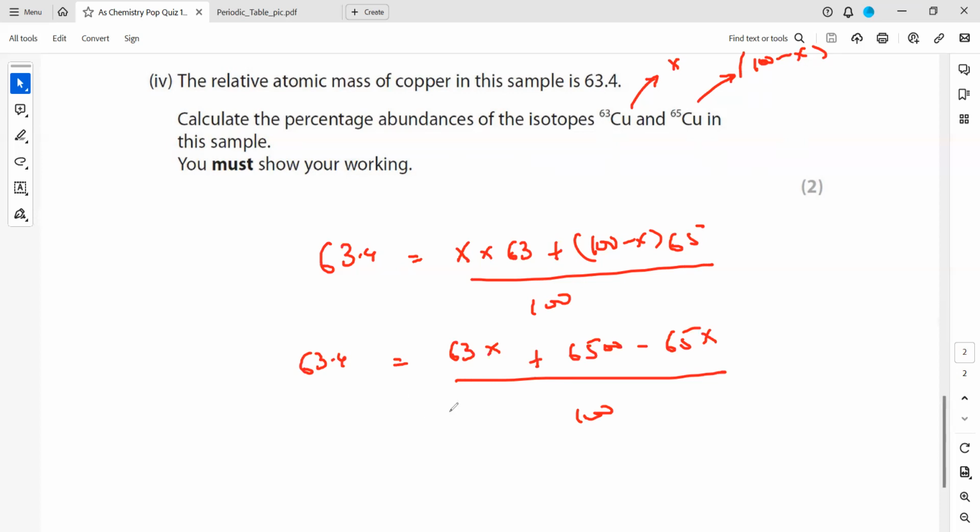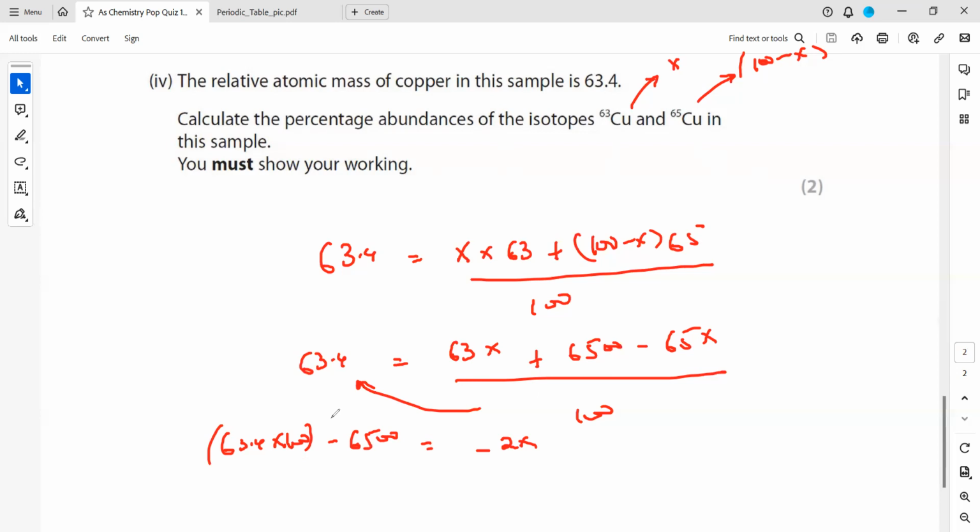Then we multiply by 100, so it will be 63.4 multiplied by 100. The 6500 is added on one side, so on the other side it will be subtracted, minus 6500, and that equals 63x minus 65x, which is minus 2x. So we'll just divide.